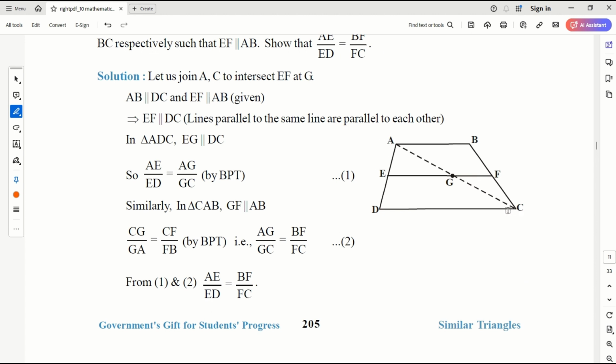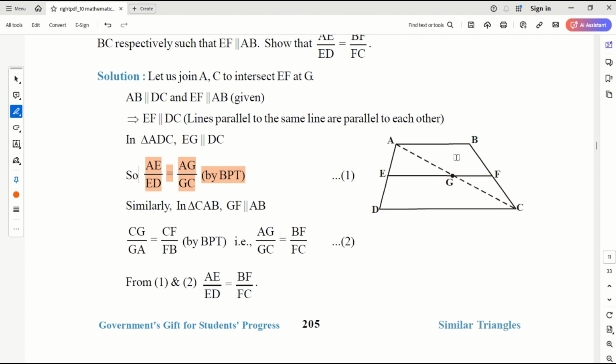So this is simple. You draw a diagonal AC. Now it forms a triangle, right? ADC triangle where EG is parallel to DC. Correct? So AE by ED equal to AG by GC, by the basic proportionality theorem. Now, you take another triangle, that is ABC triangle.